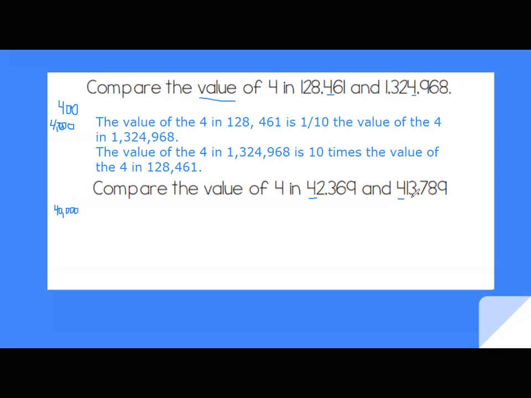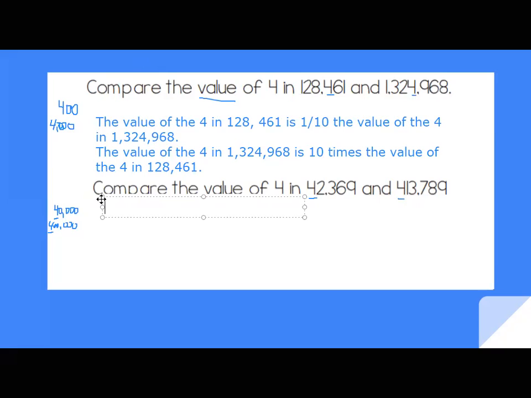And then the second 4 is in the 100,000s place, so it has a value of 400,000. If we compare 40,000 to 400,000, again we see that the 4 is just shifted to the right one place. So it's showing that it is 1/10 the value of that 400,000.